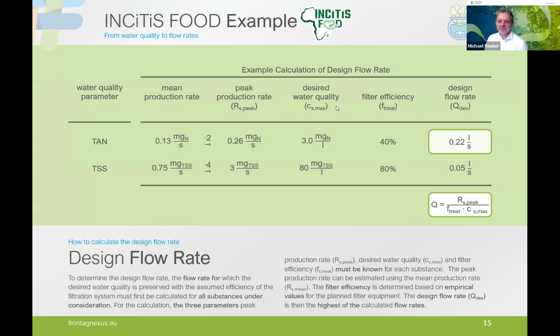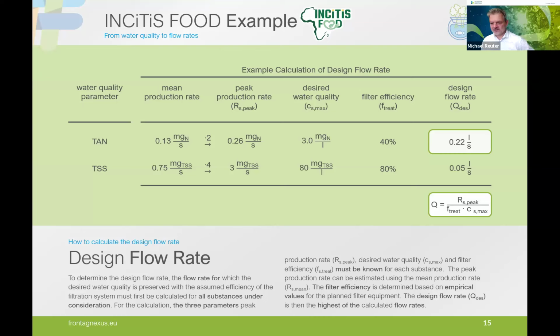Let's go back here. Peak production rate divided by filter efficiency multiplied by desired water quality, and this equals, for the TAN, a design flow rate of 0.22 liters per second, and for the TSS removal, here's equation 2, we get 0.05 liters per second. And our design flow rate we have to use in our system will always be the largest of the flow rates that we calculated.